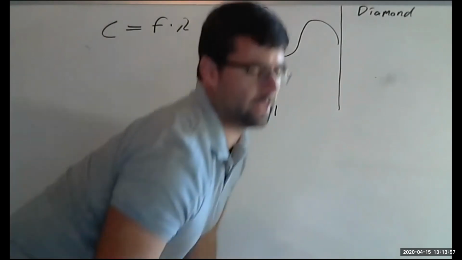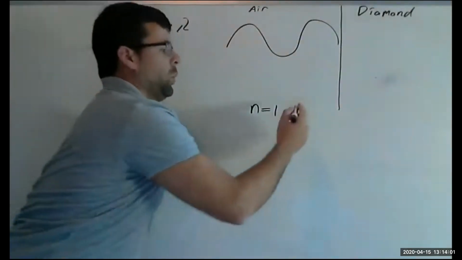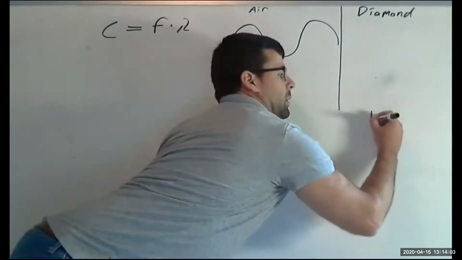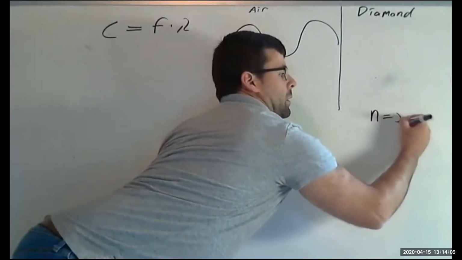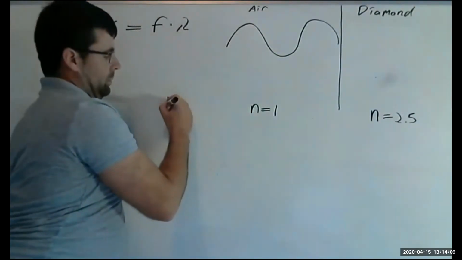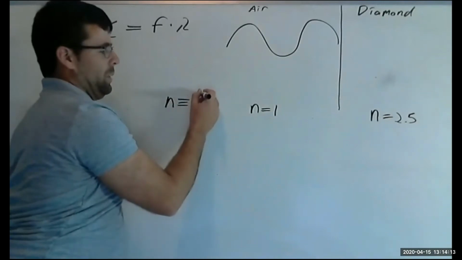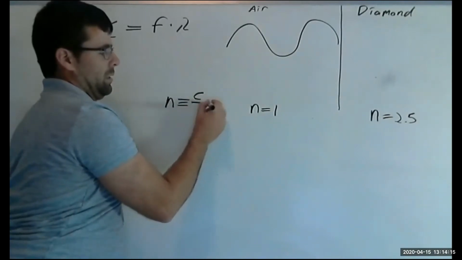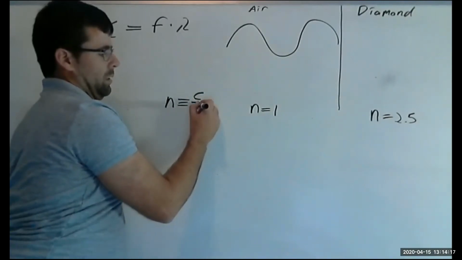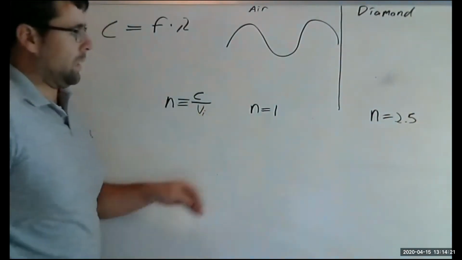Well, it was, that's the equation we're going to use to compare it, but it was 2.5. You are correct that we defined n to be c over the velocity in that medium.